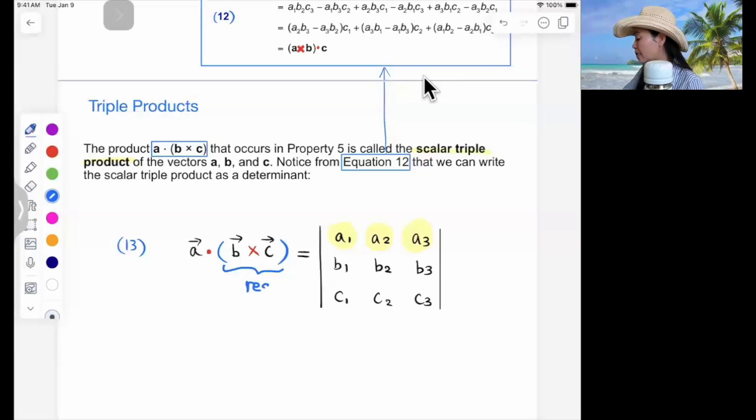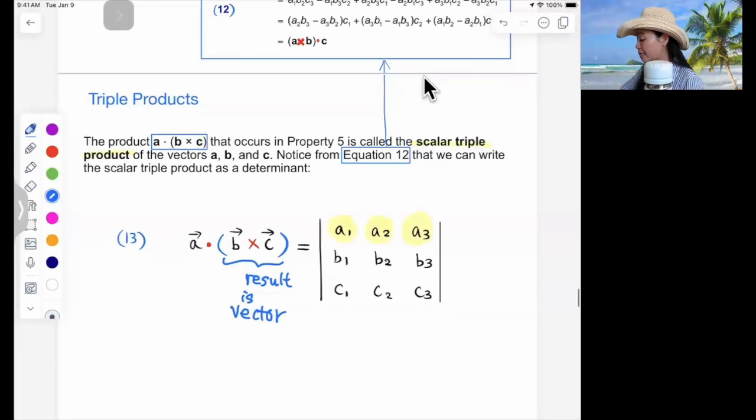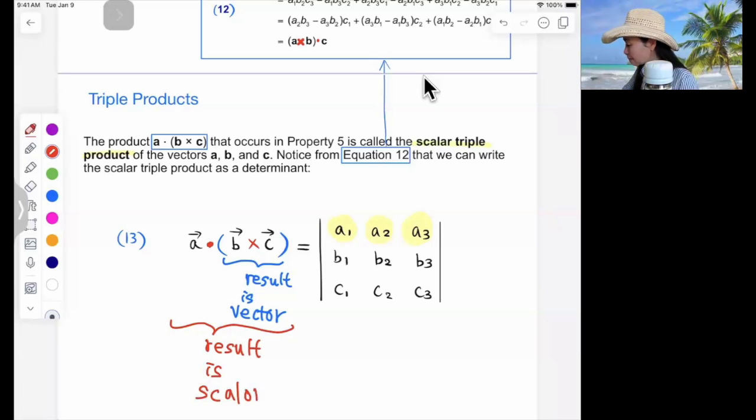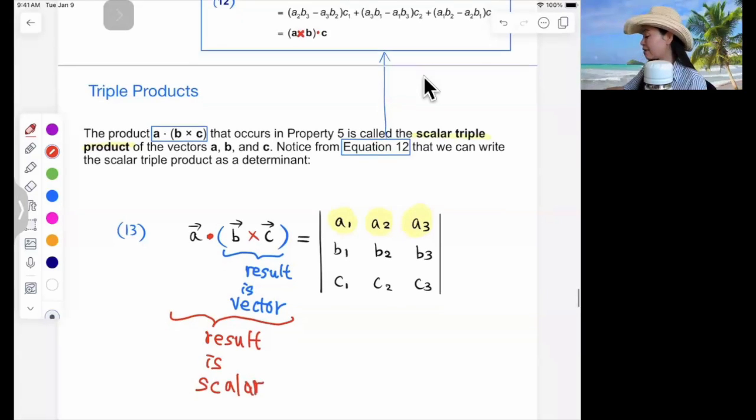The result here is a vector, right? The cross product of two vectors is a vector. And then you do the dot product. What happens when you have a vector dotted with another vector? The result is a scalar.